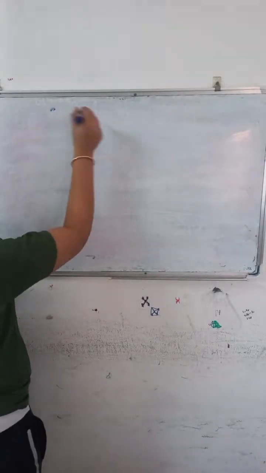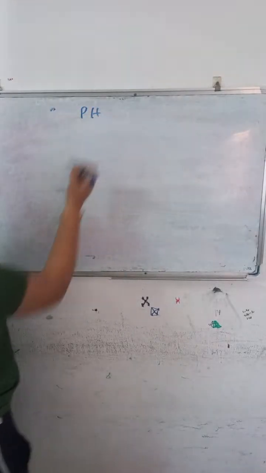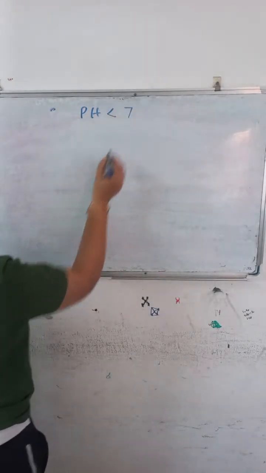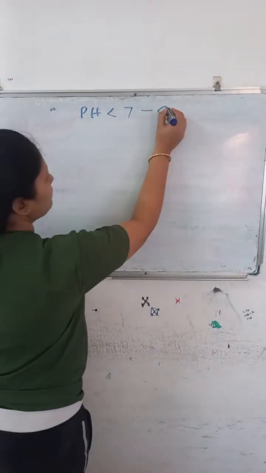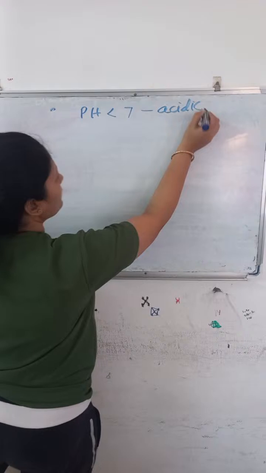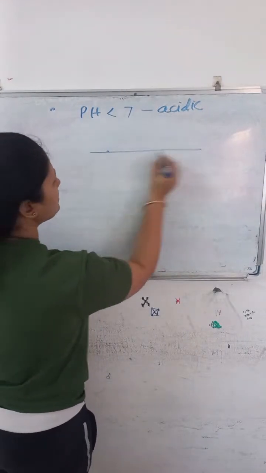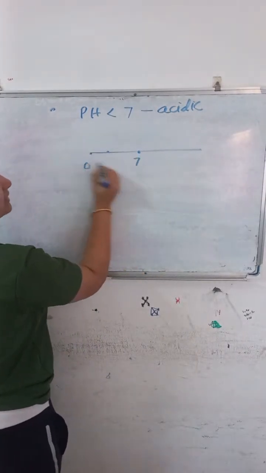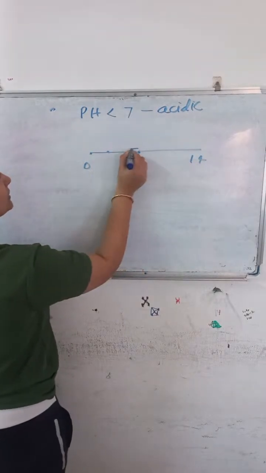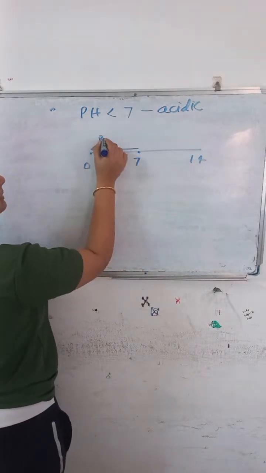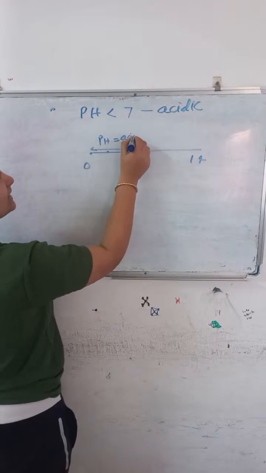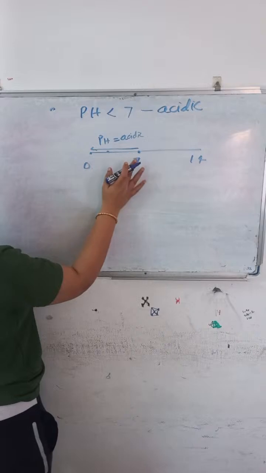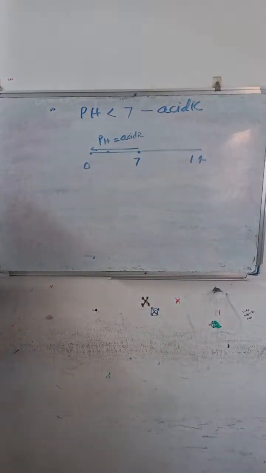According to the given information, pH is less than 7. That means this is acidic in nature. Because we know the scale, just now we did: this is 7, this is 0 and this is 14. So it is going from 0 to 7, that means pH is lowering. pH is less, that means acidic in nature. As it is moving from 7 to 0, that is acidic in nature.